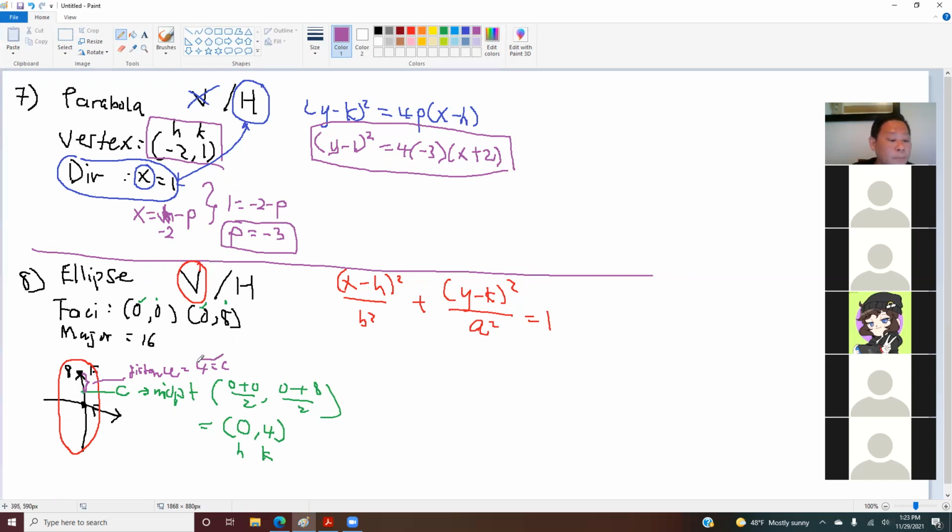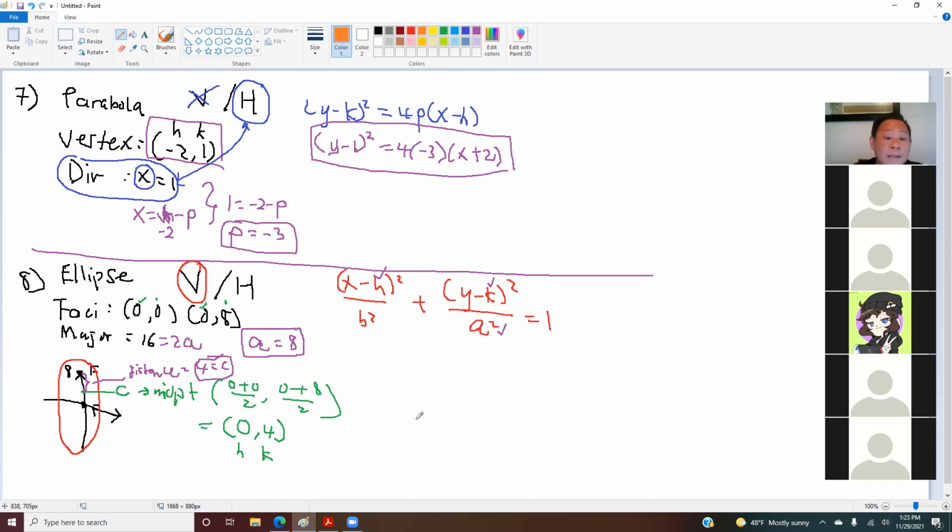The question also gives us the major axis, and the formula is 2a. So a in this case will be 8. We got almost everything we need for the formula, because we know a, k, and h, but we are missing b.